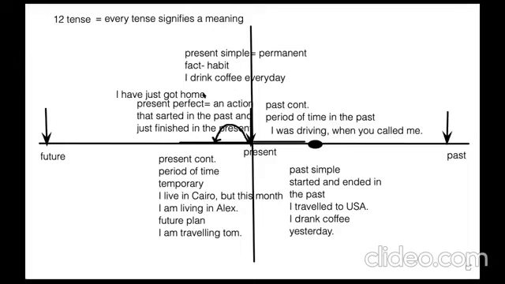That you are tired, you cannot go out again. So again, the present perfect refers to an action that started in the past and just finished and has its effect, all right, in the present. So we say has its effect in the present. So when you say, for example, I have just got home, it means that you cannot go out again, that you are tired.